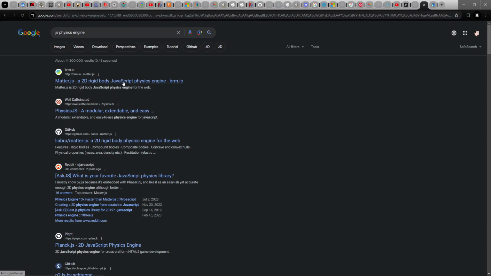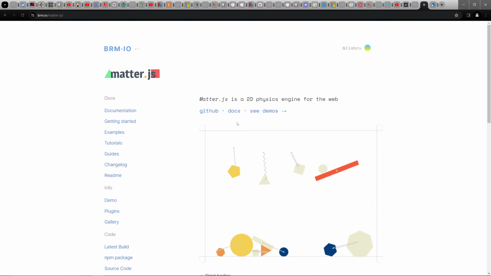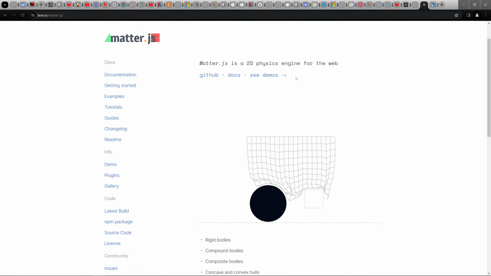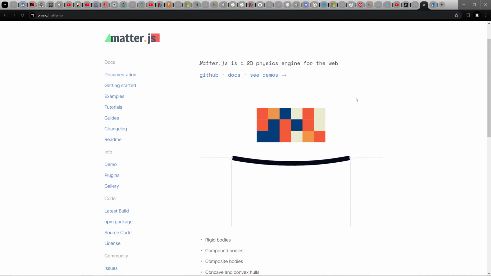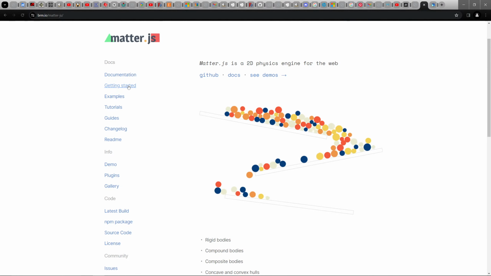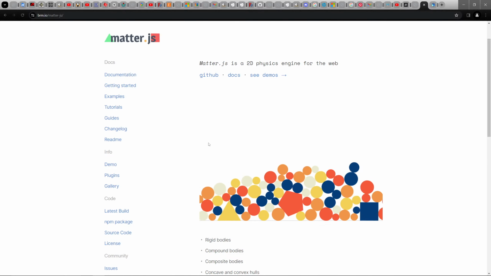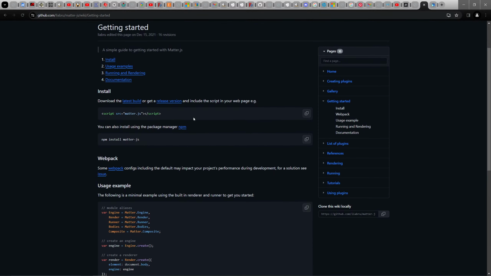Matter.js. That's cool. Nice. Hey, perfect. So who knows? Maybe I'll just use this. I think this looks pretty good. Let's try it out. Matter.js. Nice.